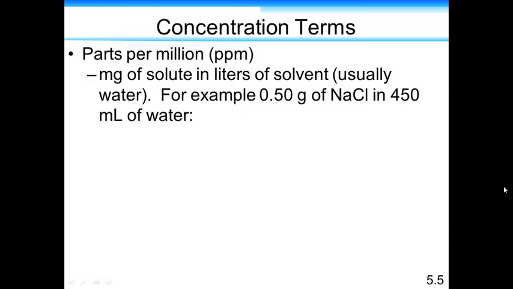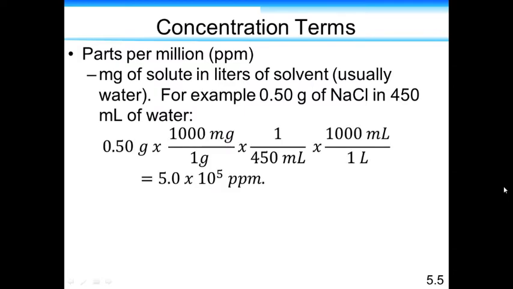So if you have 0.50 grams of sodium chloride in 450 milliliters of water, you would take the 0.50 grams of sodium chloride, convert it to milligrams, using our unit analysis, units of grams cancel, and then you can stop there and then just divide by liters.